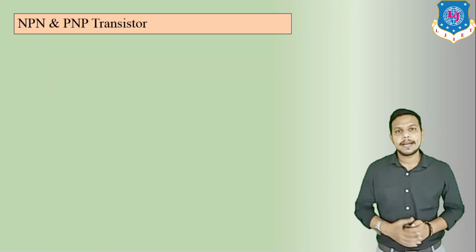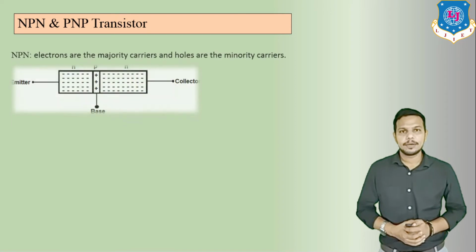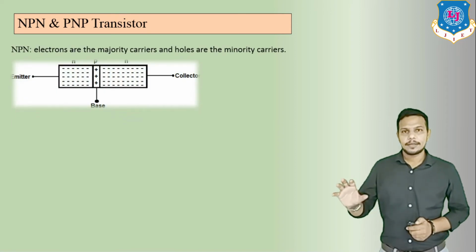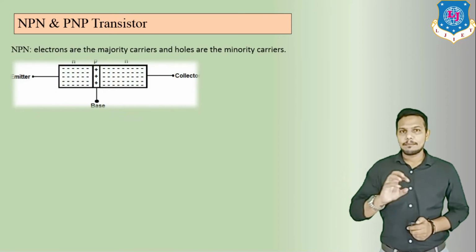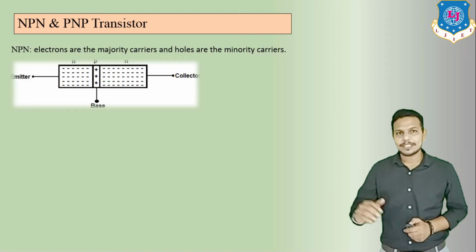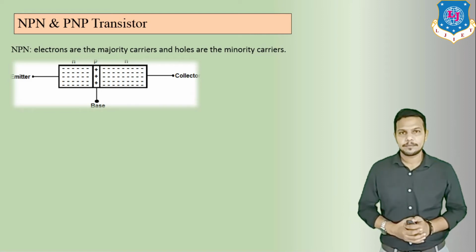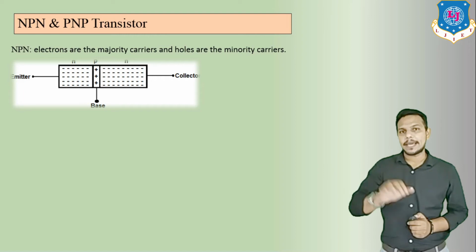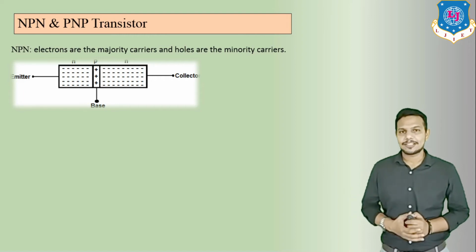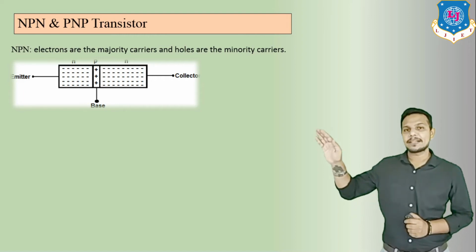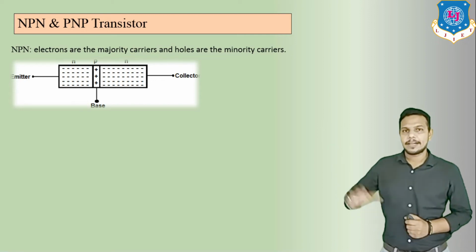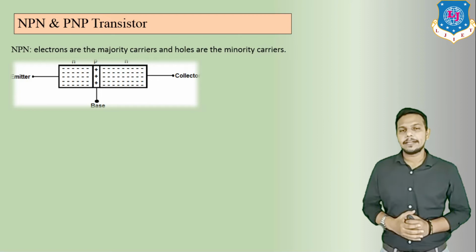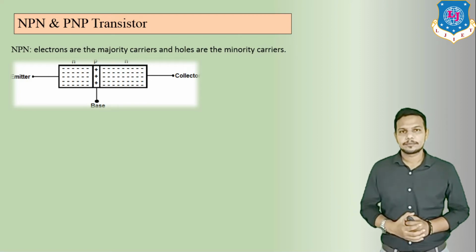Now NPN and PNP transistors. Here we can see electrons are the majority carrier charges and holes are the minority carrier charges. Right? So in NPN, the majority carrier charges are electrons. Here we can see the minus sign, which indicates electrons, and the plus sign, which indicates holes.